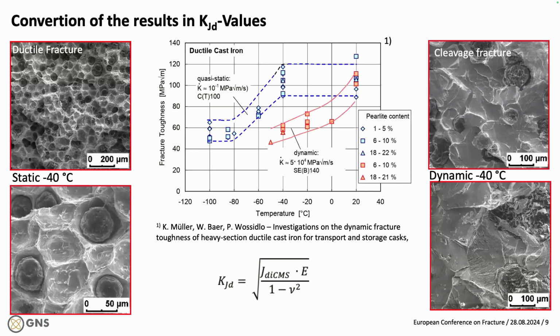The final step is to convert the evaluated fracture toughness into KJc values. That is necessary because most of the construction codes use these values.